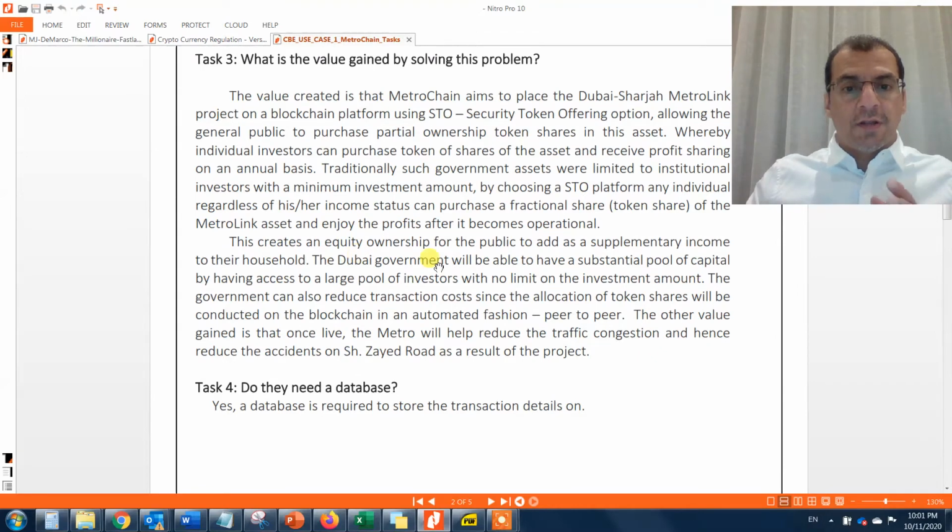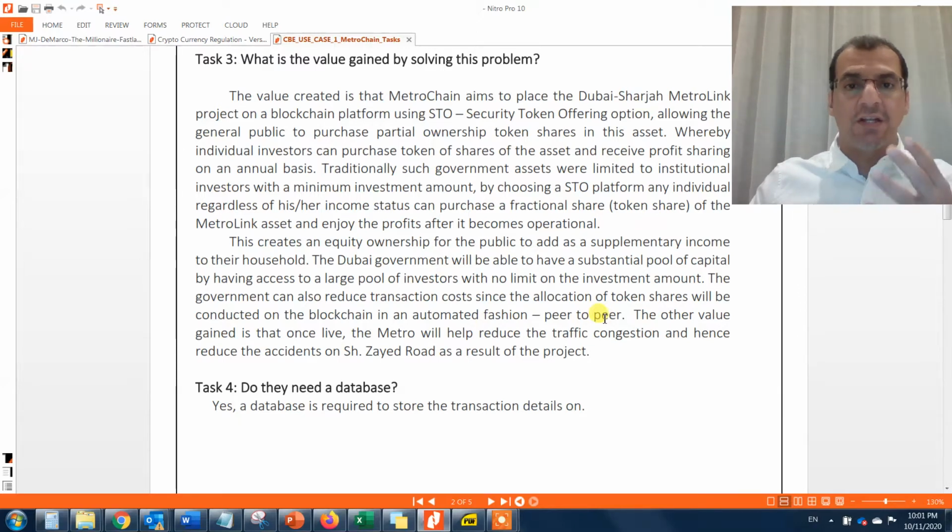Alright, this created an equity ownership for the public to add a supplementary income to their household. The Dubai government will be able to have a substantial pool of capital by having access to a large pool of investors with no limit on the investment amount. The government can also reduce transaction costs since the allocation of token shares will be conducted on the blockchain in an automated fashion, a peer-to-peer network, right?